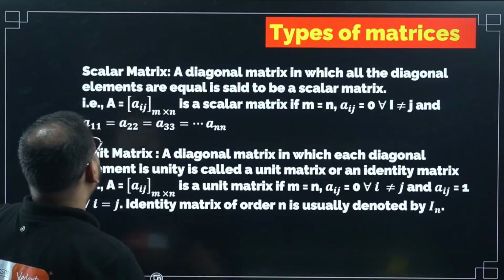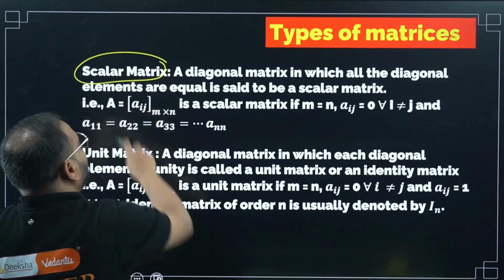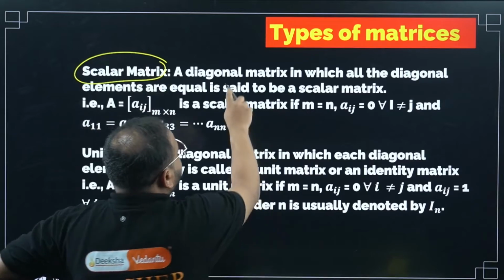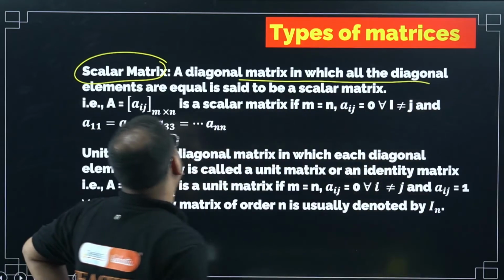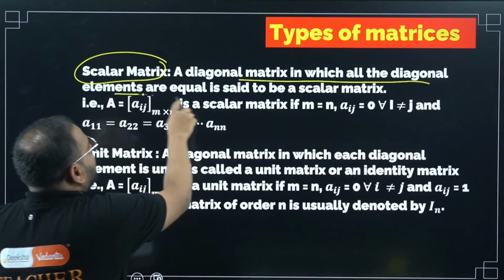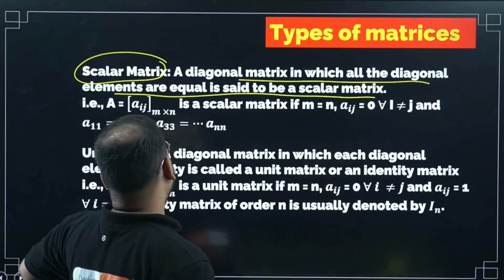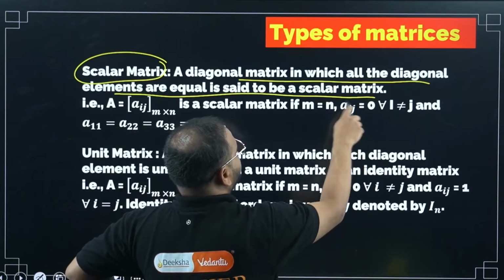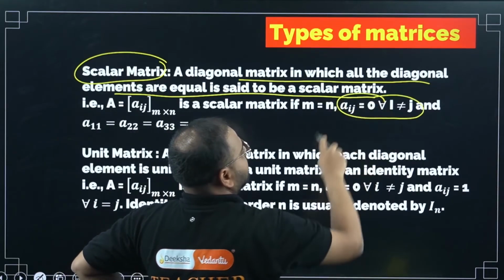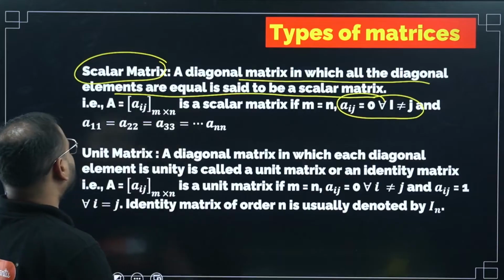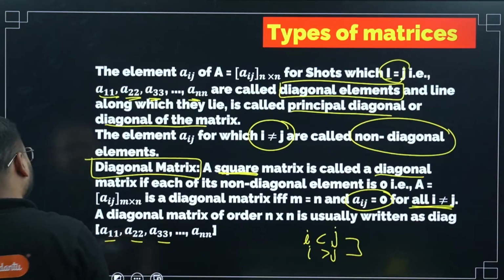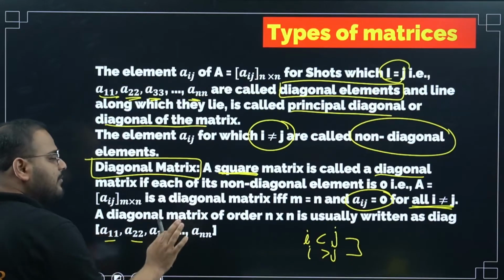Now, scalar matrix. When can we call a matrix scalar? Very simple: all the diagonal elements are equal. Again, only the diagonal should have values and they should all be equal. For a diagonal matrix, even if they are not equal, it is still called a diagonal matrix.